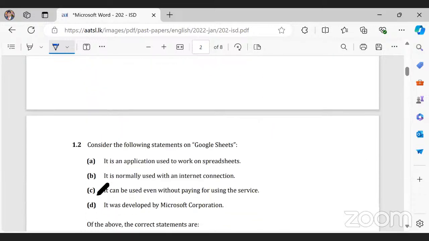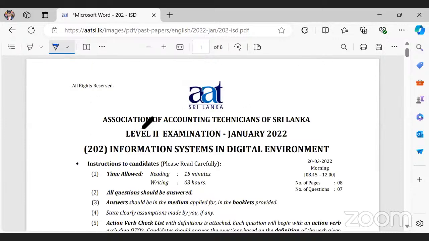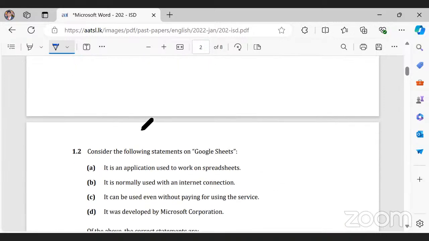Question number 3. Consider the following statements regarding Google Sheets.